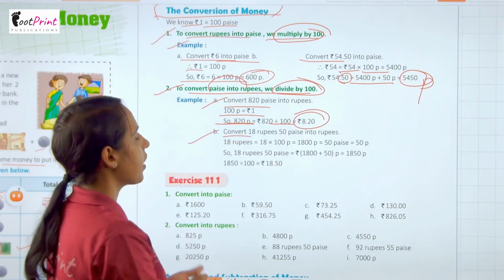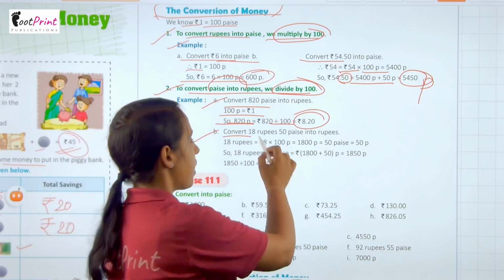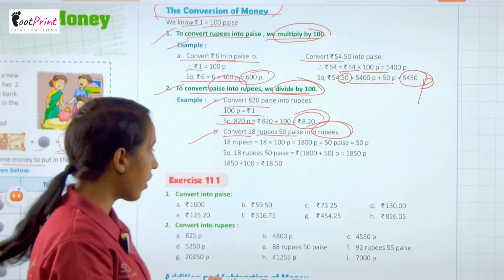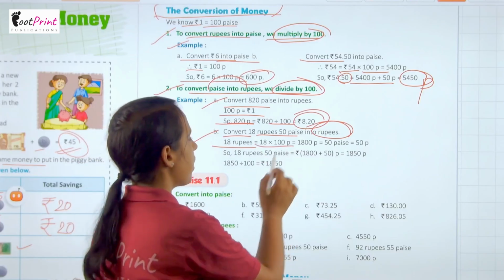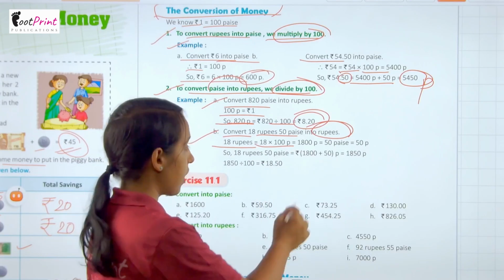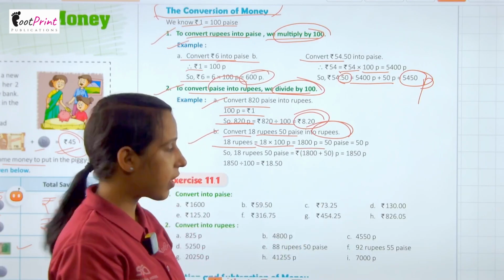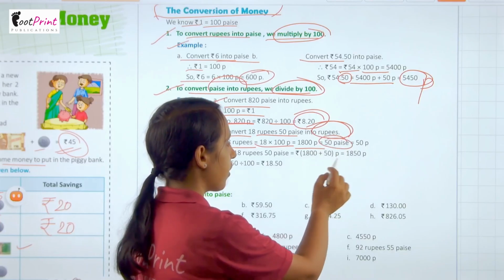Now we have to convert here 18 rupees 50 paise into rupees. How do we convert it? So here we have 18 rupees. So 18 into 100 paise. So we get here 1800 paise, and we also have 50 paise.